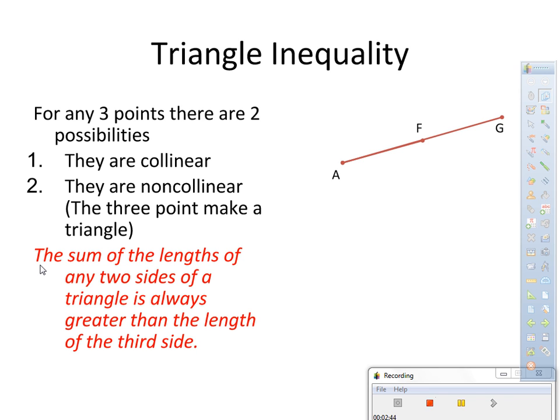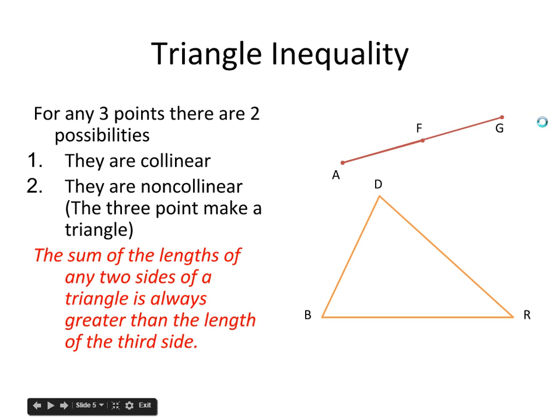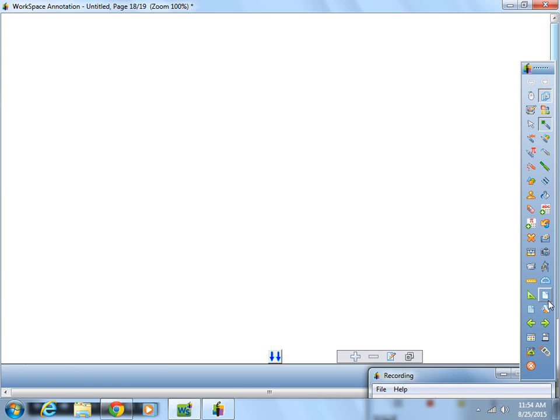Here you see 3 collinear points. Here you see 3 non-collinear points. The triangle inequality theorem is this: the sum of the lengths of any 2 sides of a triangle is always greater than the length of the third side.